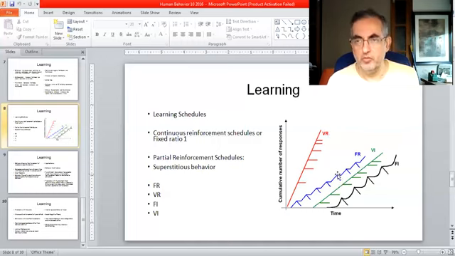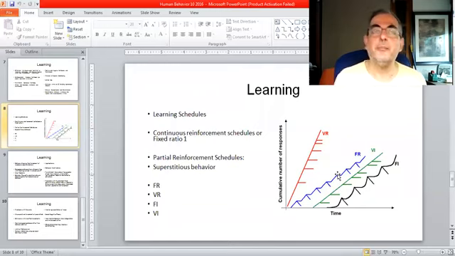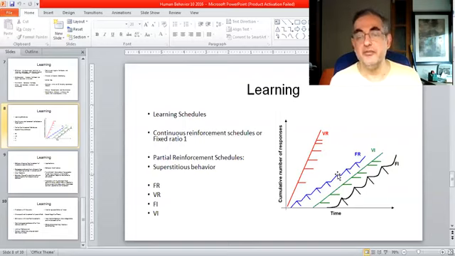Fixed ratio 2 is a little bit resistant to extinction, but variable ratio 2 is more resistant to extinction than fixed ratio 2. So variable ratio is more resistant to extinction. You want some behavior to last a long time, you should reinforce it intermittently using a variable ratio.